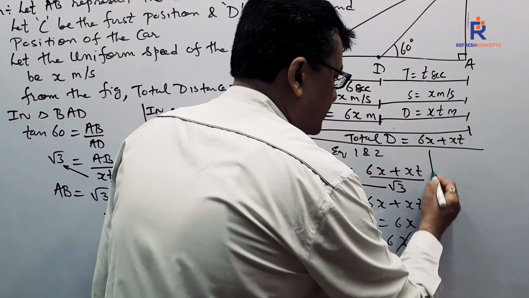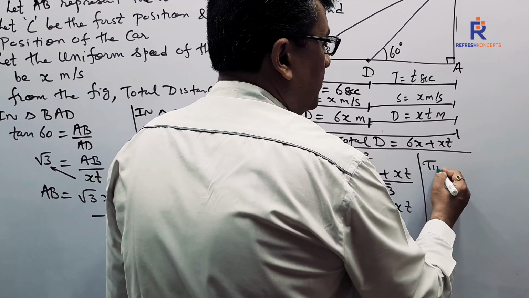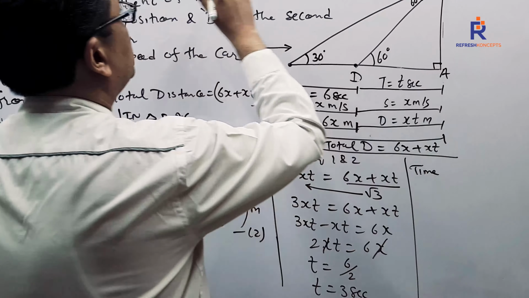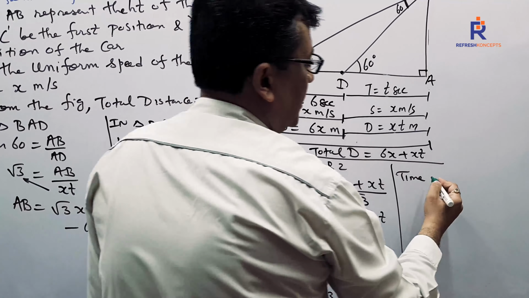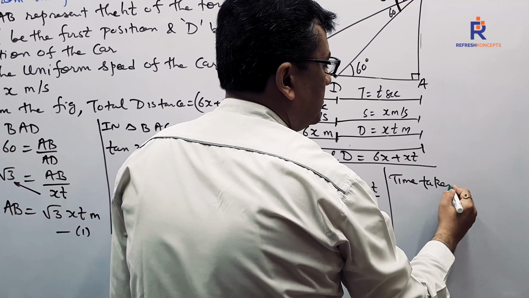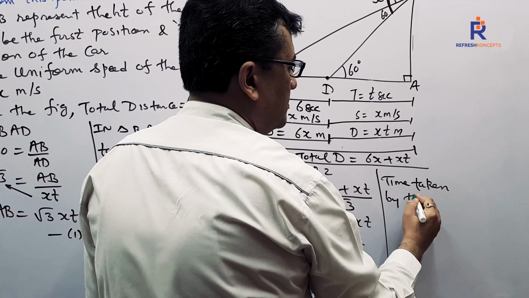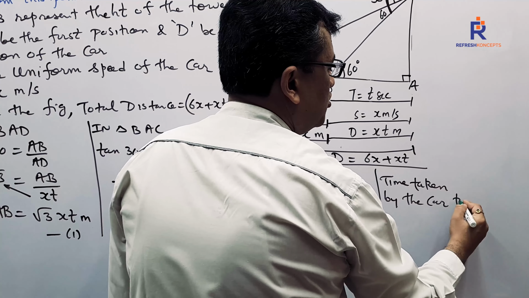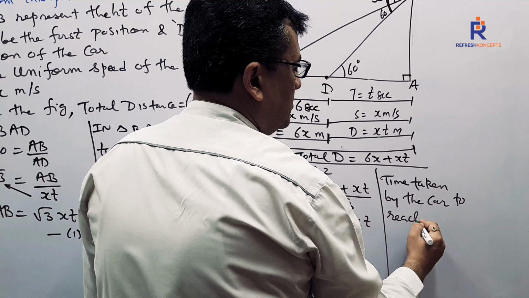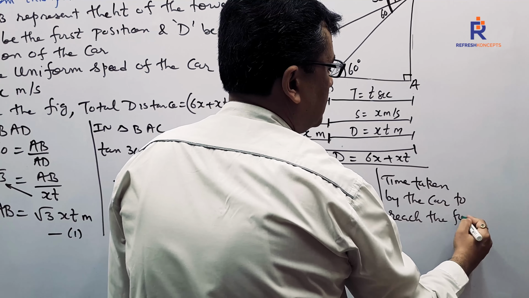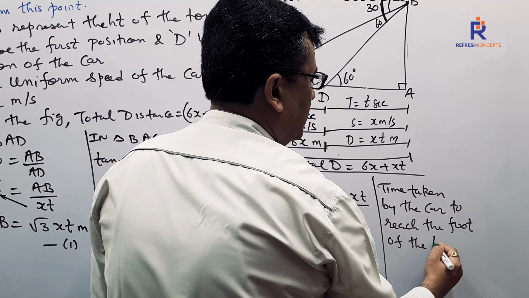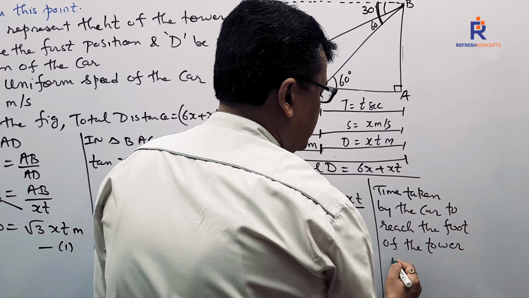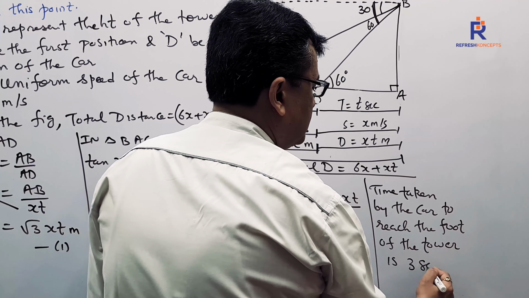Our final answer should always be in their language: the time taken by the car to reach the foot of the tower is 3 seconds.